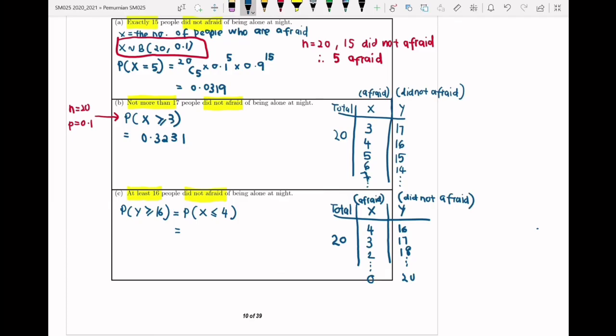So for probability X less than or equal to 4, we need to change it to 1 minus probability X greater than or equal to 5. Using the binomial table, n equals 20, p equals 0.1, for P(X greater than or equal to 5), we get 1 minus 0.0432. So the answer is 0.9568.